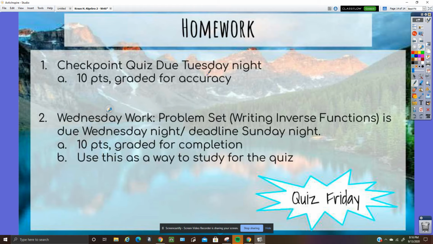All right, so the checkpoint quiz is due Tuesday night, and the problem set on writing inverse functions is due Wednesday night. The deadline is Sunday night. So on each assignment, we'll have a due date and a deadline. After this deadline right here, the assignment goes away.